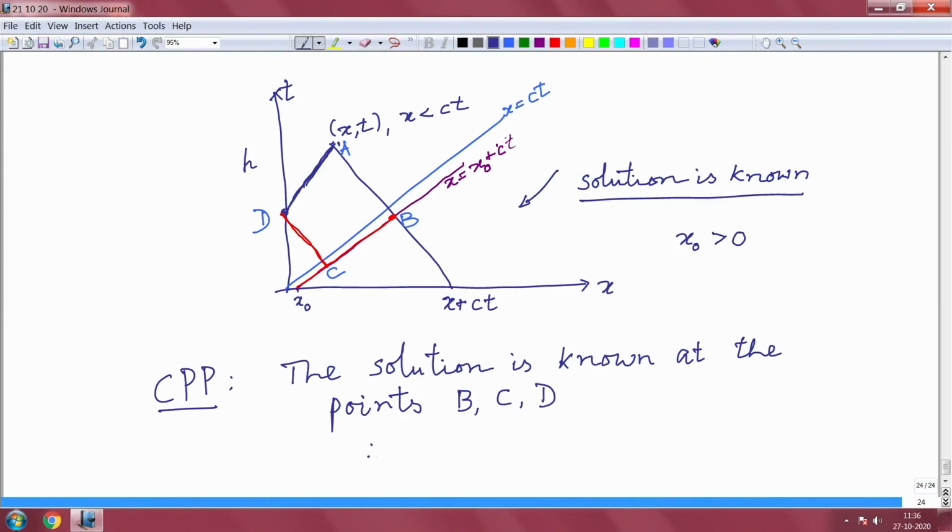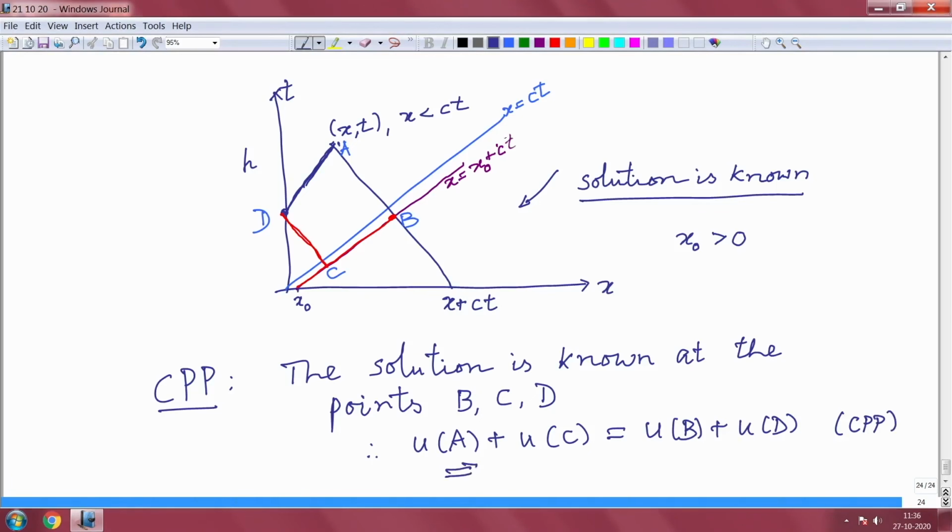Therefore, U A plus U C equal to U B plus U D. This is CPP, the characteristic parallelogram property.